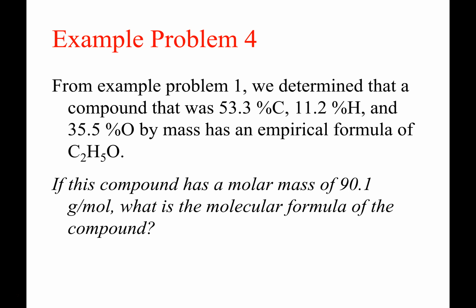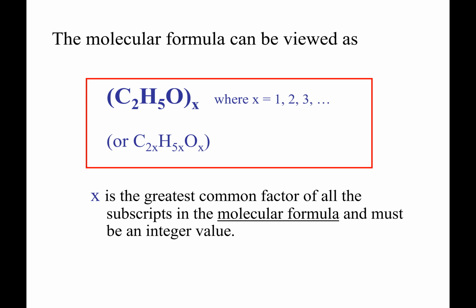So what you're going to see done here, well, I'll just do my slides. This is how you do that. So basically, we know we have C2H5O, but we don't know if that's times 1, or we scale it up times 2, which would mean C4H10O2, or times 3, do we have C6H15O3?